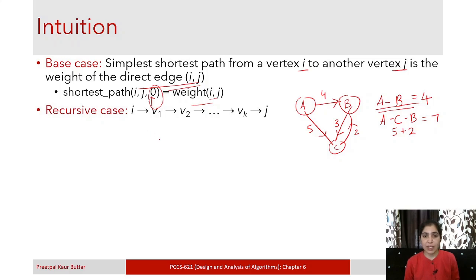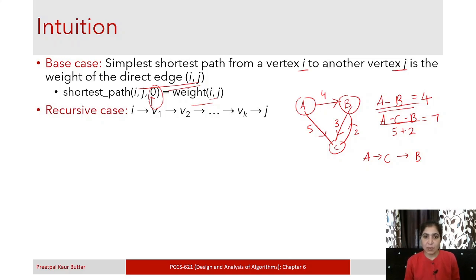The recursive case is when you have a number of direct edges in between the path from i to j, like this example, A to C to B. So we can reach through other paths also except the directed edge.